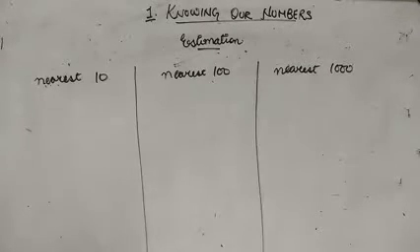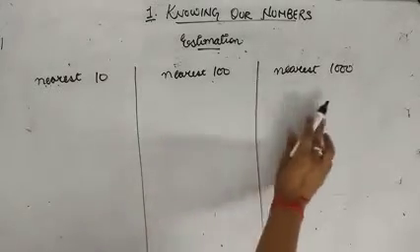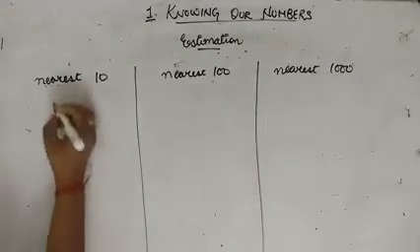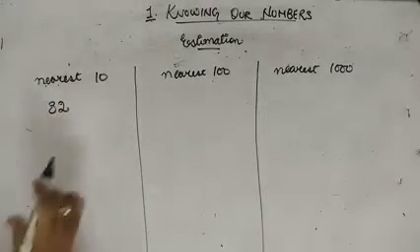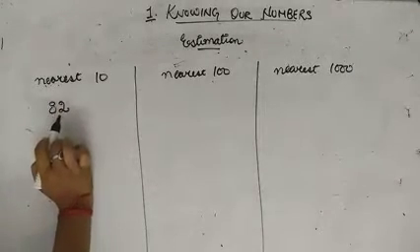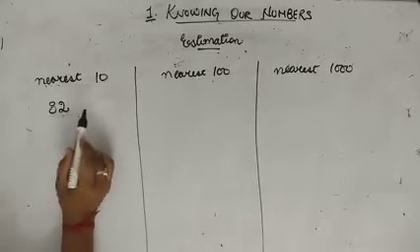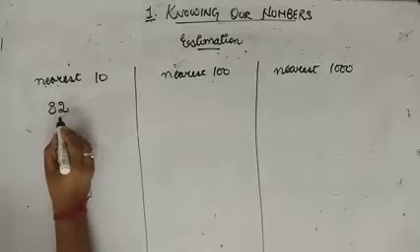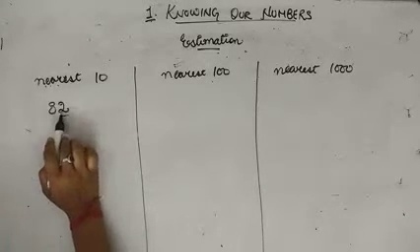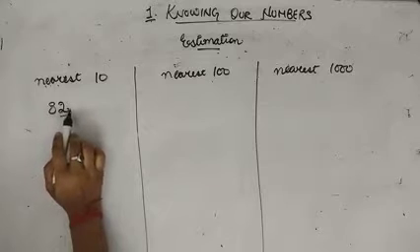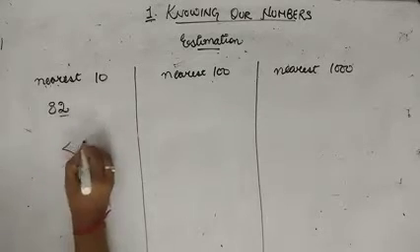Now we are rounding off the number to nearest 10, nearest hundreds, nearest thousand. Let's say I am taking a number 82. I have to round off this number to nearest tens. It means I have to make this last digit 0. We'll see the last digit of the number. Last digit is 2. We have to see whether this digit is less than 5 or greater than 5.